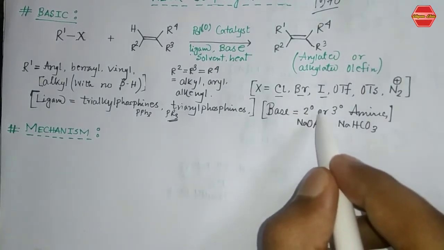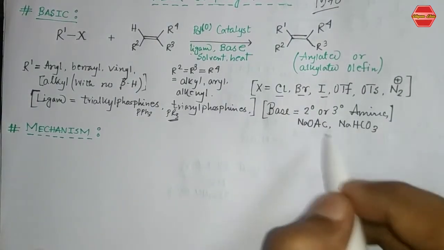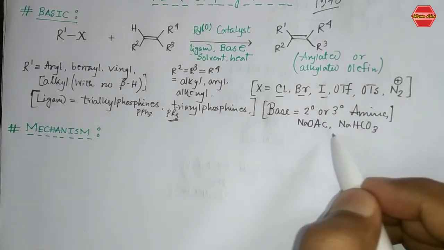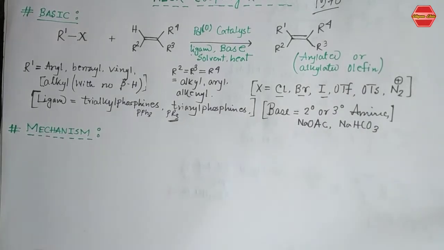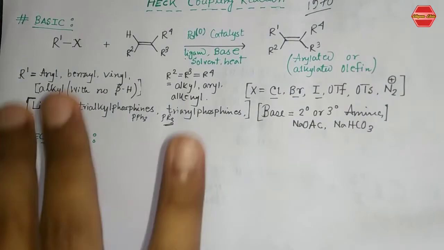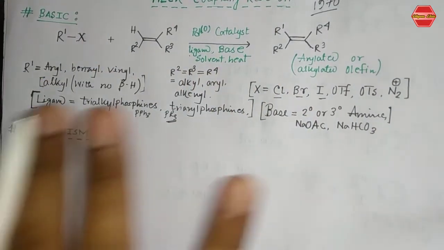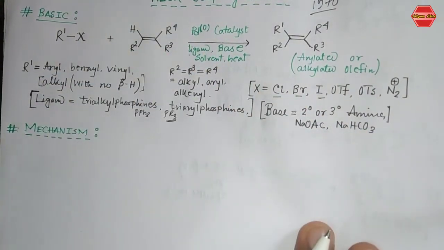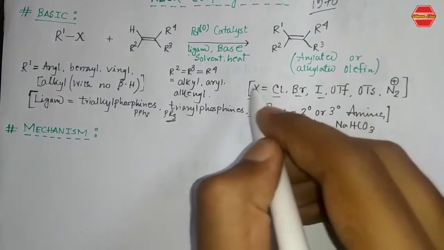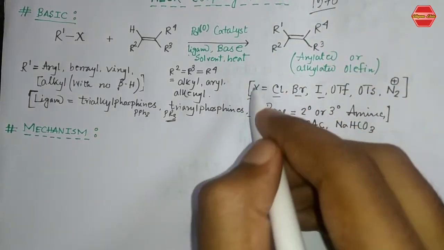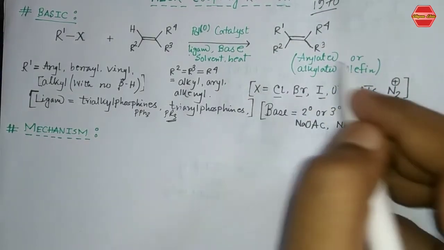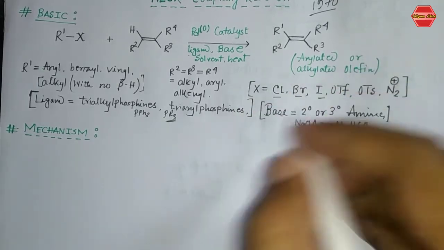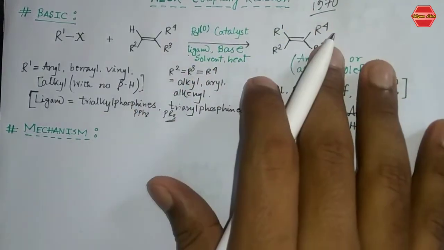This base is basically a secondary or tertiary amine, or any kind of base like sodium acetate or bicarbonate. This is all about the basic concepts and which things are needed to do these reactions. Now for this X, the leaving group, there is an order that determines the rate of the reactions. I will do it later.